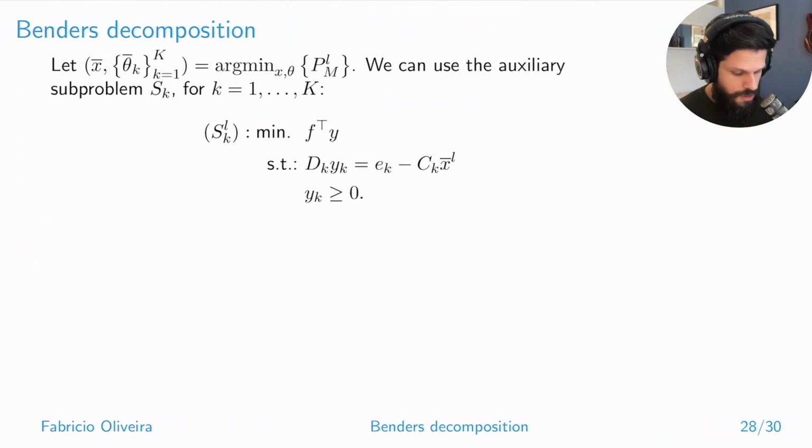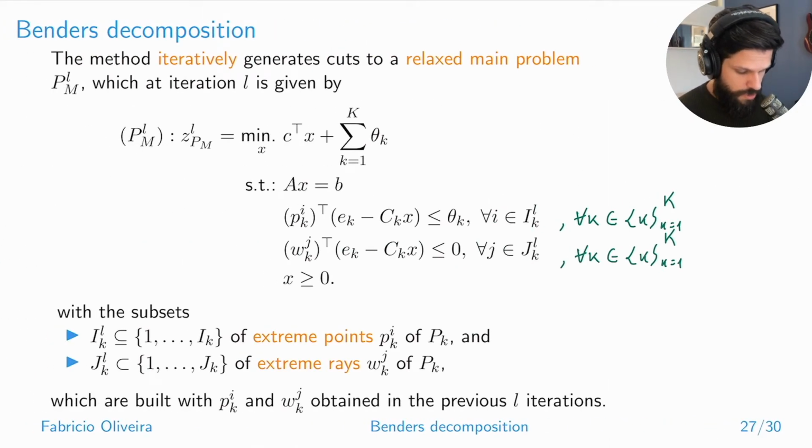So the question is to figure out how we go about this. Every time we solve the main problem for that iteration, we obtain a solution X, which is obtained after considering a subset of constraints of these. We call them cuts.